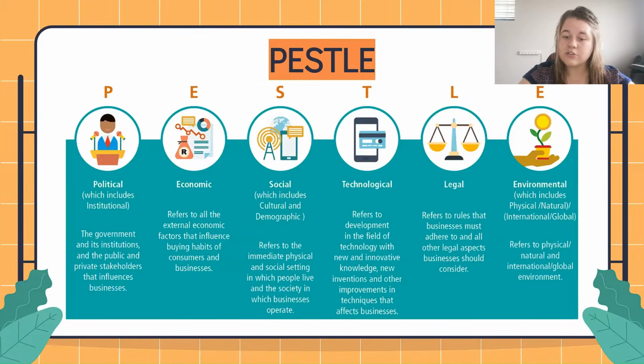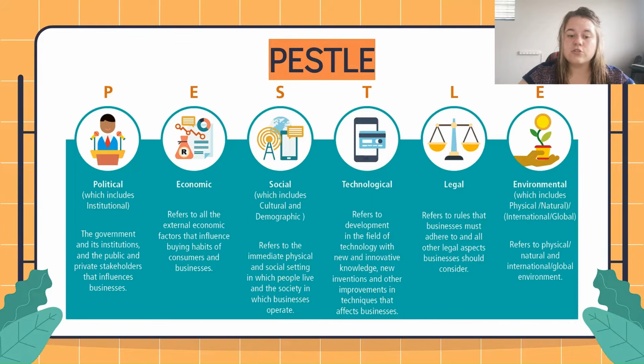All right, there's a nice little diagram, so I would encourage you to pause the video at this time to jot down these points because it's quite a nice summary of what we're going to dive into for this video. So, political. There we're looking at the government and its institutions, as well as the public and private stakeholders that will influence the businesses.